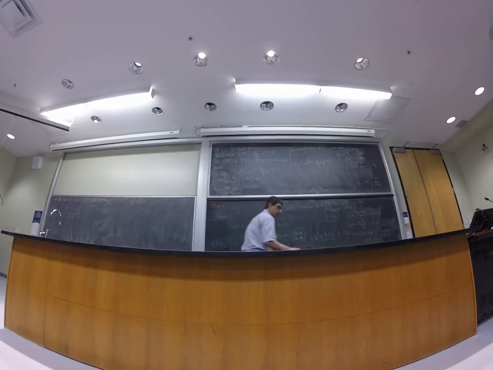Y of t would be y naught plus 0, because always the actual output is the nominal value plus the deviation.